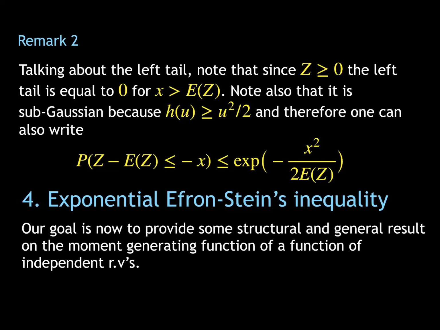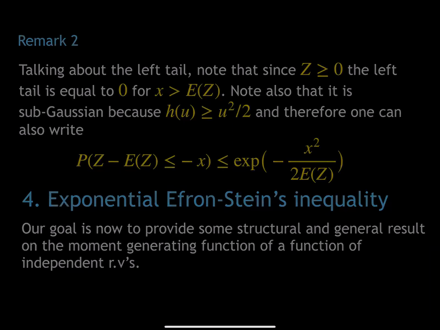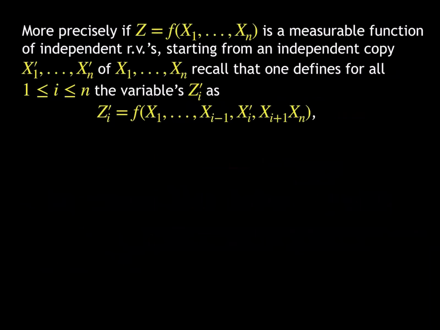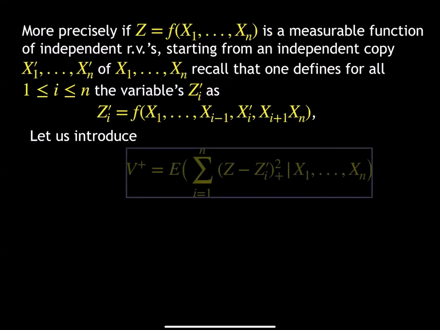And now our purpose is to build a very general and generic result, which will allow us to make a link between the moment generating function of any function of independent variables and the moment generating function of the quantity that has appeared several times now and which plays a role of quadratic variation. So let's make it more precise.